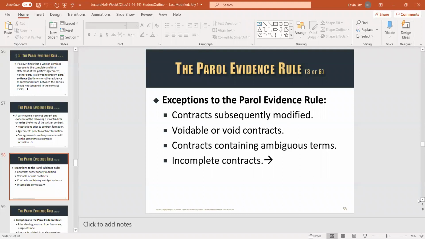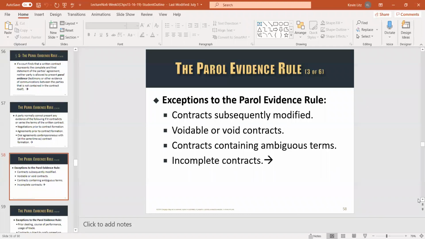Well, if I signed another contract saying, okay, it's going to be $550 for the house and the garage, you can see the contract was modified. So even though it's outside of the contract we're talking about, the $500 contract, you can still bring in the $550 and say, judge, we came to a new agreement.